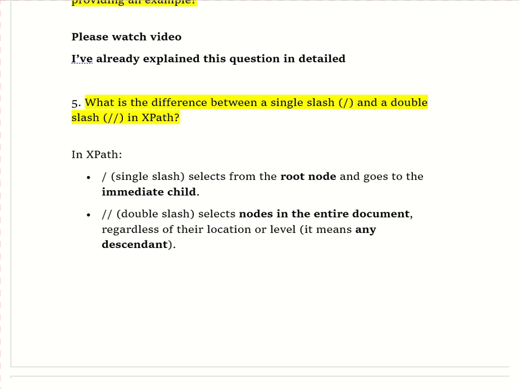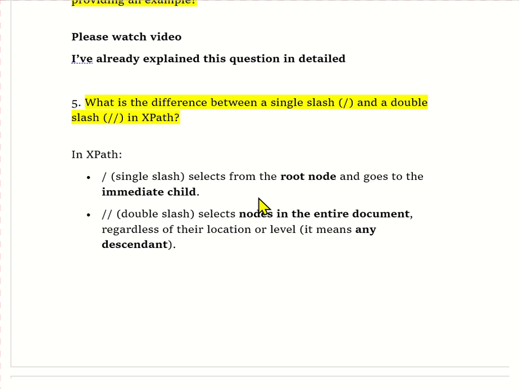Means by using double slash we can locate any element from any middle of the document. Single slash is like saying go to the main folder and open the first folder only, and the double slash is like saying search anywhere inside all folders and show me the file name that you want.